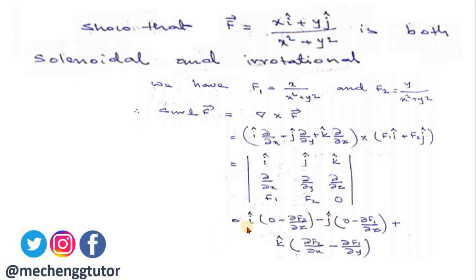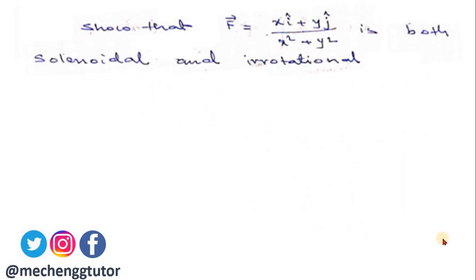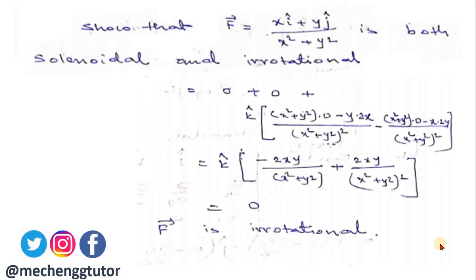So i into expanding this, it is 0 minus dou F2 upon dou z, minus j into 0 minus dou F1 upon dou z, plus k into dou F2 upon dou x minus dou F1 upon dou y. F1 and F2 are already there, so we have to substitute the respective values now.